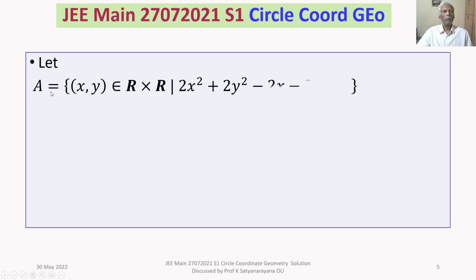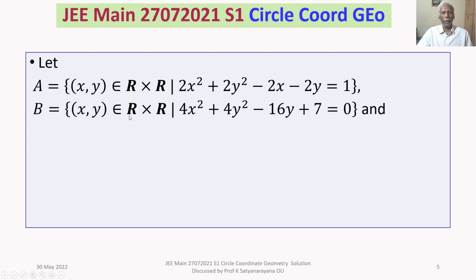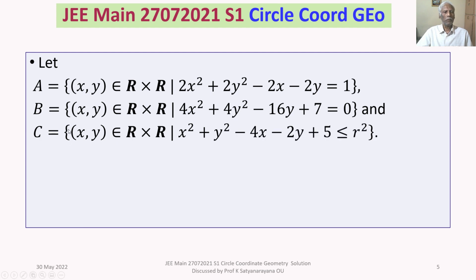let A be the set of all ordered pairs (x, y) belonging to R cross R, where R is the set of all real numbers, such that 2x² + 2y² − 2x − 2y = 1, and B is the set of all ordered pairs (x, y) belonging to R cross R such that 4x² + 4y² − 16y + 7 = 0, and set C is the set consisting of all ordered pairs (x, y) belonging to R cross R such that x² + y² − 4x − 2y + 5 ≤ R².